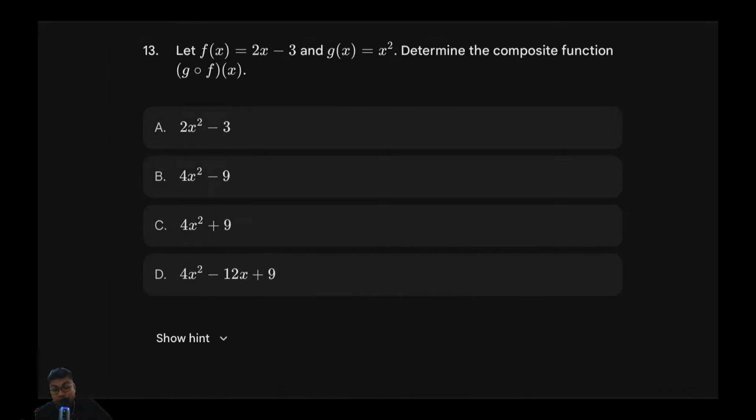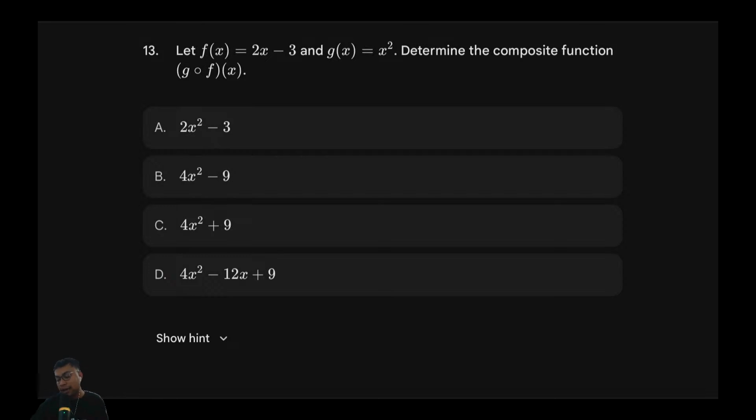For the next question, 13, they say let f of x equal 2x minus 3 and g of x equal x squared. Determine the composite function. What is a composite function? A composite function is a type of function that is made by a function standing as the variable of another function.